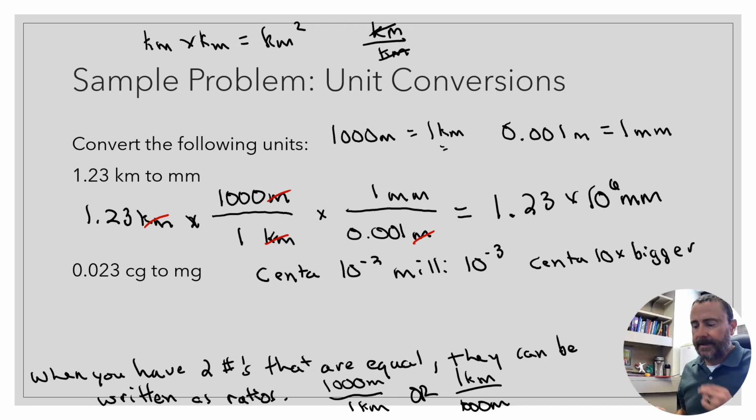So a centigram is 10 times bigger than a milligram. Another way of saying that is that 1 centigram is equal to 10 milligrams.